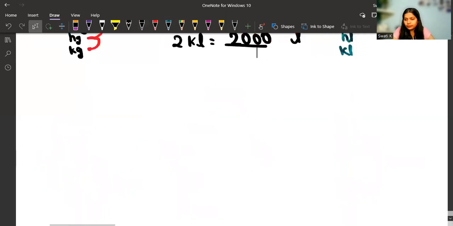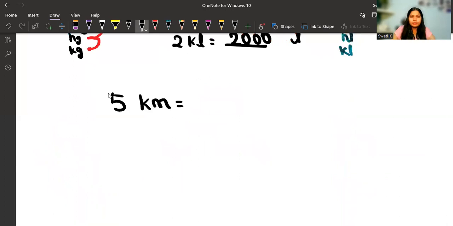For example, the first question is 5 kilometer equals how many meters? Right now I'm not going through the sequence because I already know how to do this, but if you want, you can go for the sequence and work out how many steps to go up. I know that 1 kilometer equals 1000, so 5 kilometers is equal to 5,000.